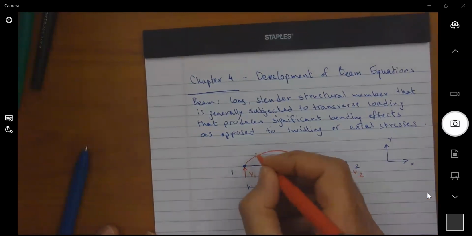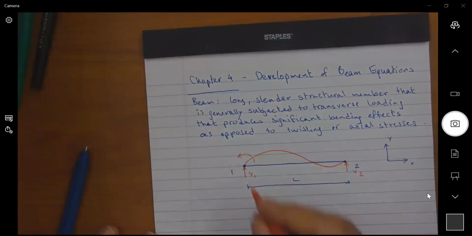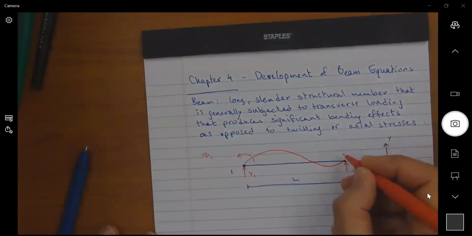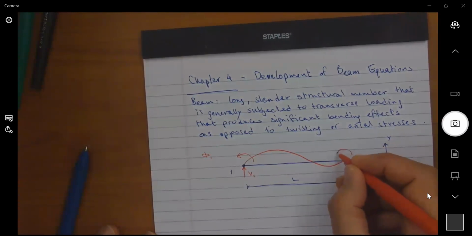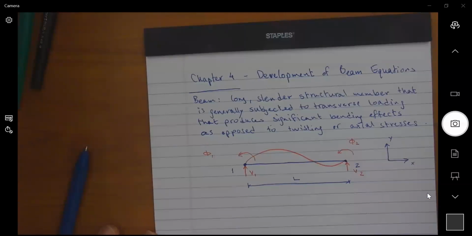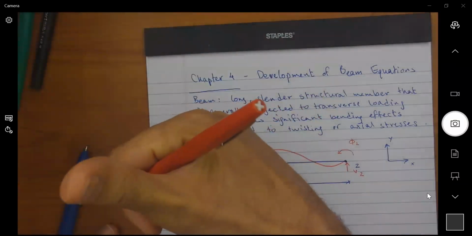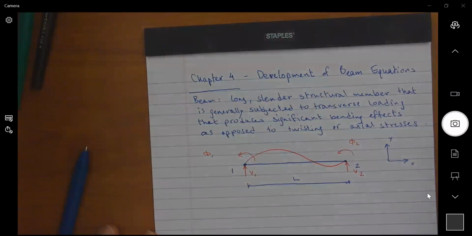At node 1 also, I do have a rotation that I can refer to as phi1. And at node 2, I also have a rotation I refer to as phi2. And please note the positive sign convention. Degrees of freedom are positive translational when they are moving in the positive y direction upwards, and the rotation when I have a counterclockwise right-hand rule, z-axis perpendicular. So that's why the counterclockwise is considered positive.